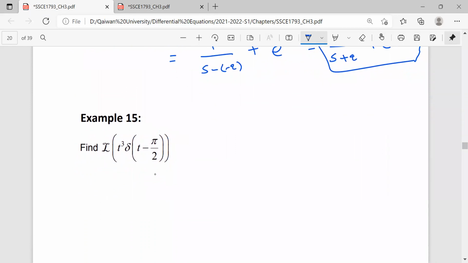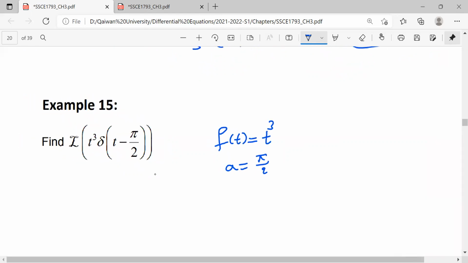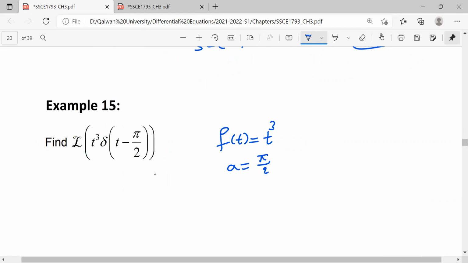For this one, the Laplace transform of t cubed times the Dirac delta function of t minus pi over 2, first determine f of t and a. f of t is t cubed, and a is pi over 2. How about f of a? We need f of a also. f of a is pi over 2 cubed.